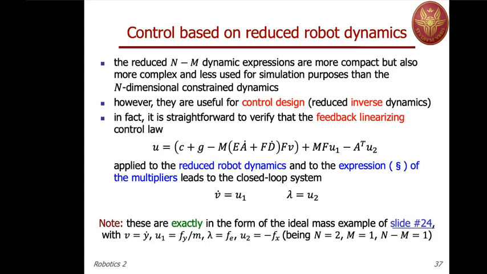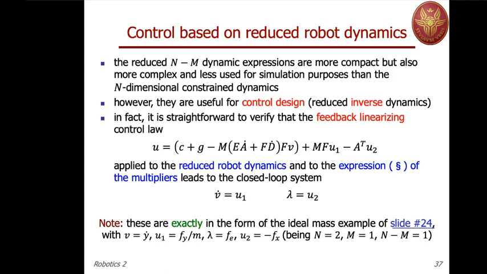But indeed, if you look back at slide 24, which is the slide of the ideal single mass, then you recognize that there the dynamics is already linear and decoupled, and in fact you obtain exactly the expression v dot equal u1 and lambda equal u2 once you make the substitution v replaced by u dot, so that v dot is y double dot, u1 is just the force along the y direction scaled by the mass, so this is what you cancel of the dynamics, and lambda is just the contact force Fe, and u2 is the choice of minus f.